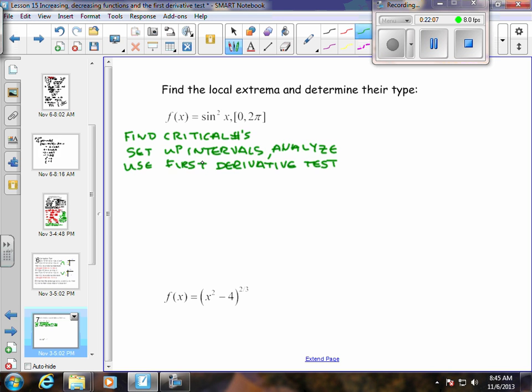And our first example is a nice little trig function. How do we find the derivative of sine squared of x? Or what is the derivative of sine squared of x? You don't rewrite it as that.